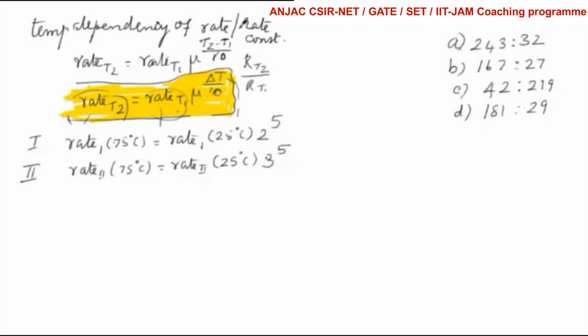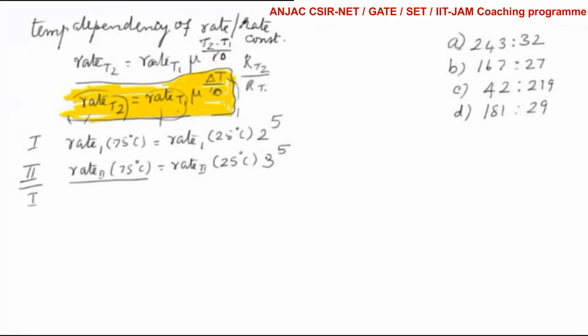What is asked? The ratio of rates of second reaction to first reaction. Therefore, you have to put the second reaction in the numerator and the first reaction in the denominator. Second by first.